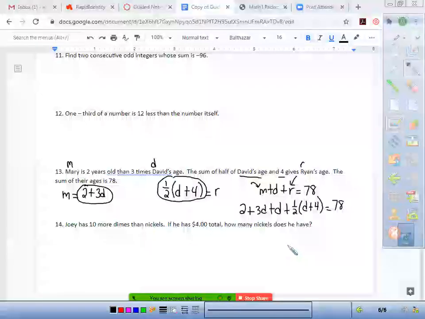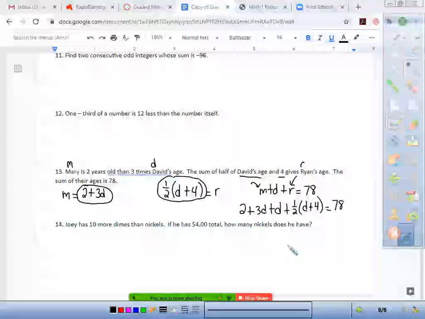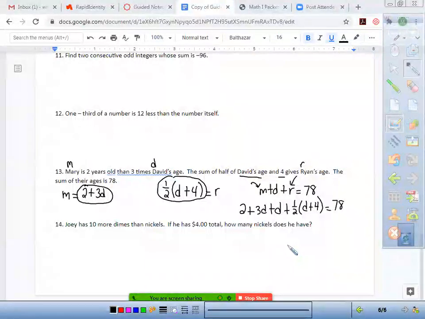Now, does that equation have the same variable in it all the way across? Yes. So what we just did is called substitution. We substituted what Mary and Ryan's ages were in that other equation. And now we can solve it.